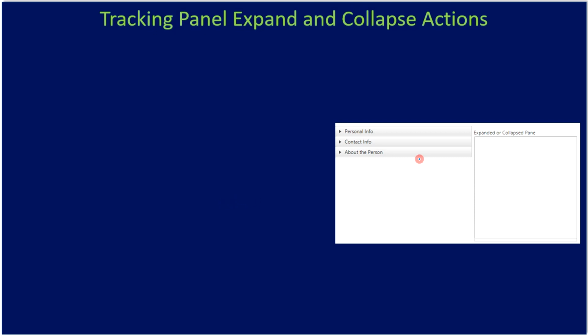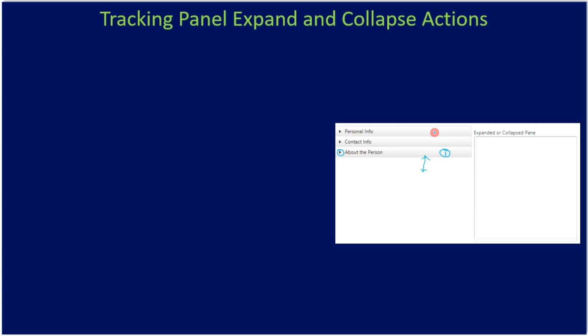So when we are tracking, if you see, when user clicks this, at present it is in collapsed state, right? Panel 3 will get expanded, and when user clicks the same pane, it will get collapsed.